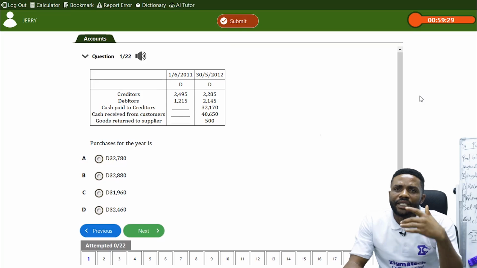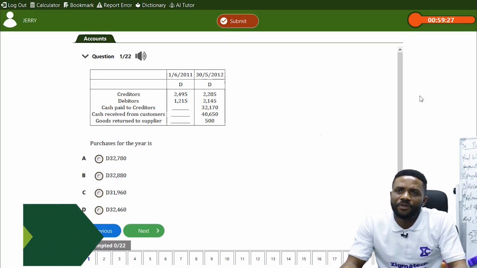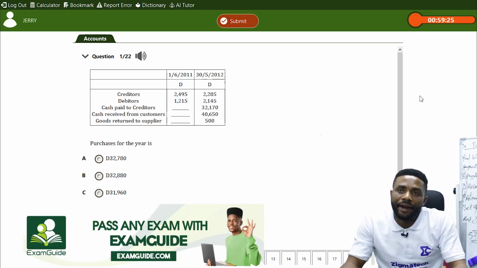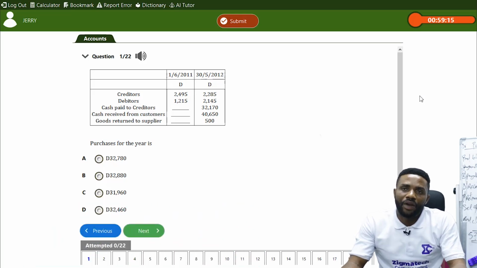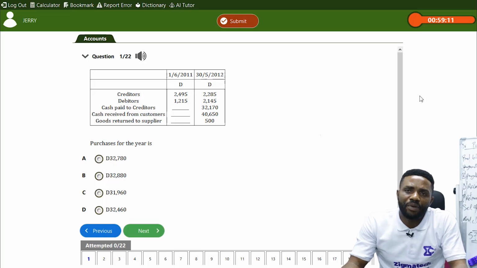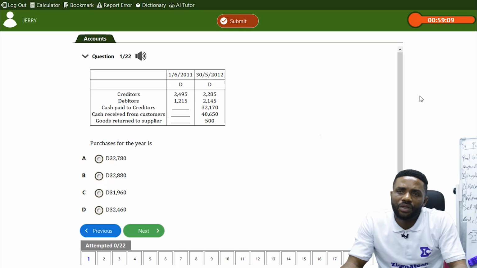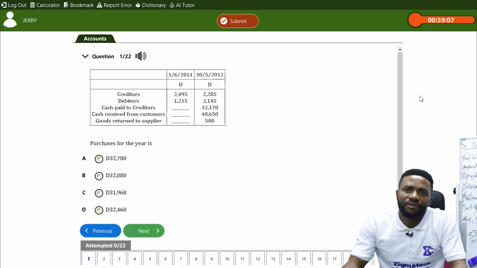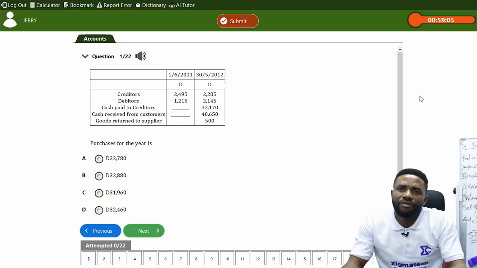It said they've given us transactions from 1st of June 2011 to 30th of May 2012. Now we have creditors, we have debtors, we have cash paid to creditors, we have cash received from customers, we have goods returned to suppliers.